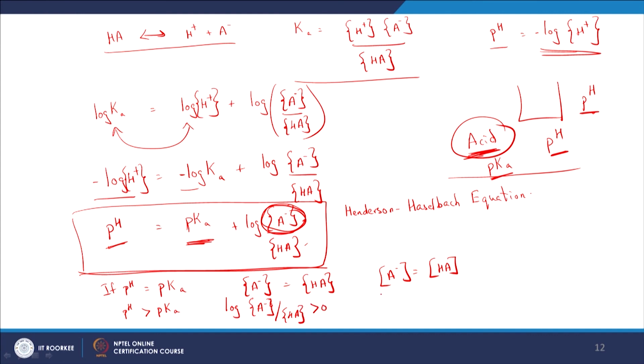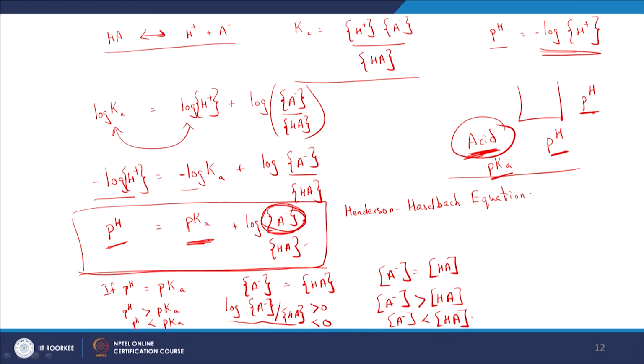It means the concentration of A minus is going to be greater than the concentration of HA. In the same way, if pH is less than pKa, this variable is going to be less than 0, and the concentration of the conjugate base is going to be less than the concentration of the acid.